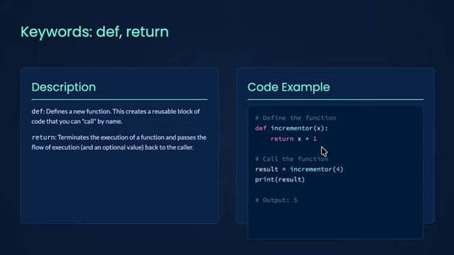We call it with incrementer(4). So the function runs, x becomes 4. It calculates 4 plus 1 and returns 5. This 5 gets stored in our result variable. Super powerful.